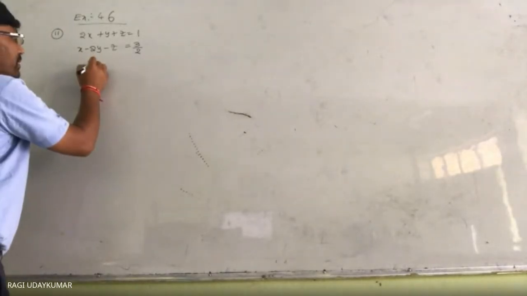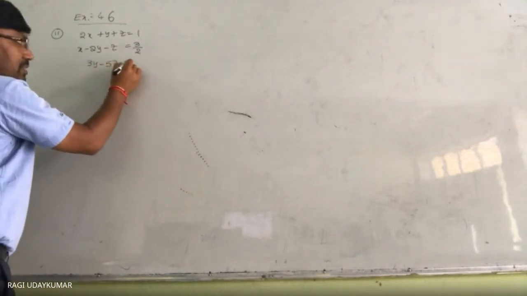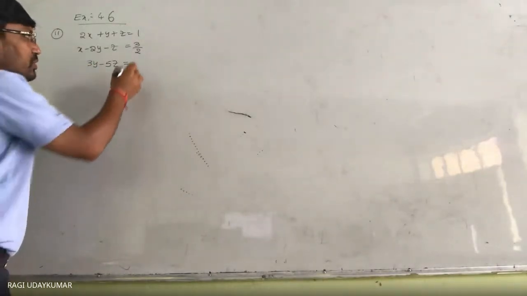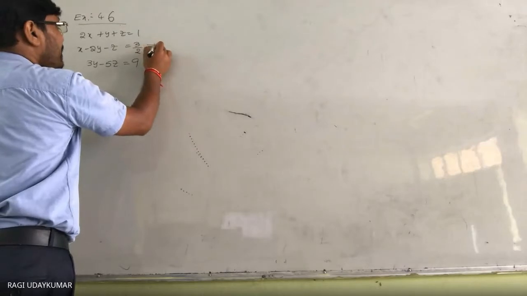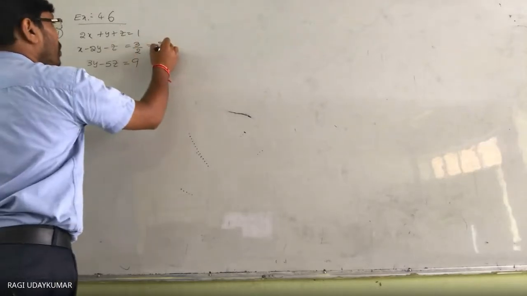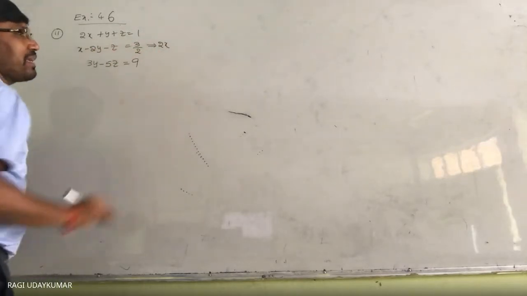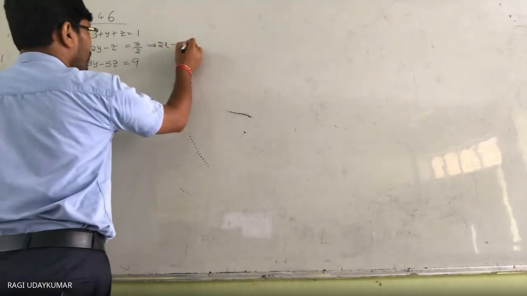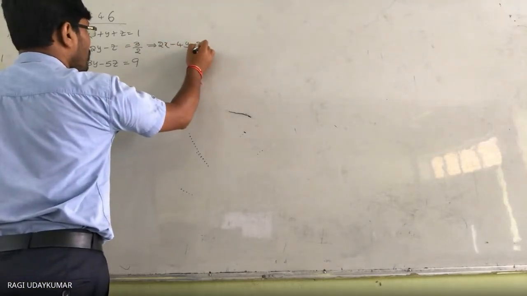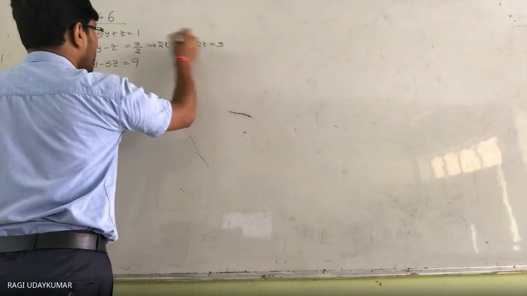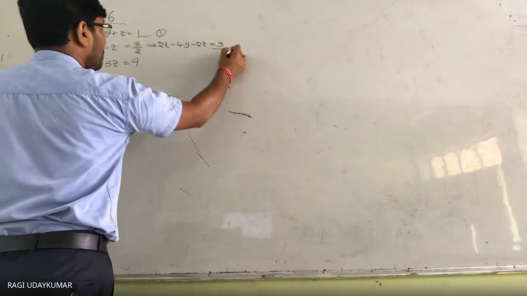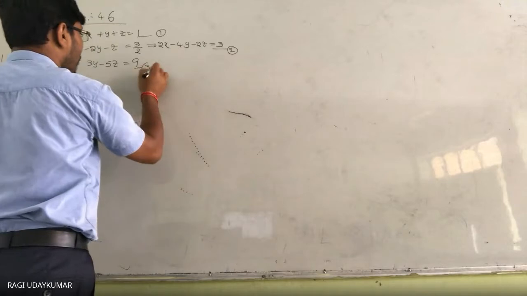The other equation is 3y minus 5z is equal to 9. If you want, you can rewrite this equation by multiplying by 2: 2x minus 4y minus 2z is equal to 3.